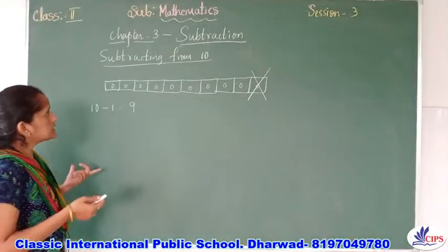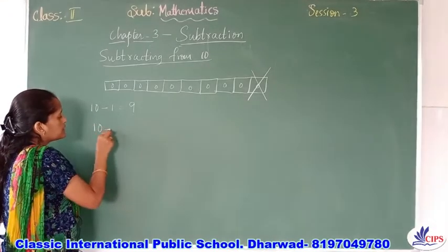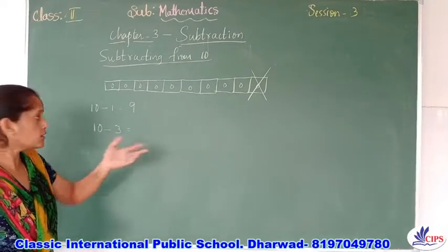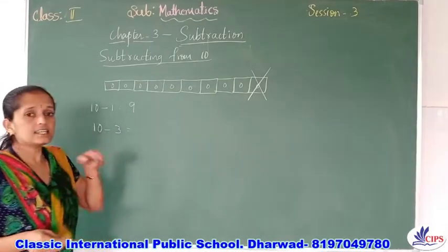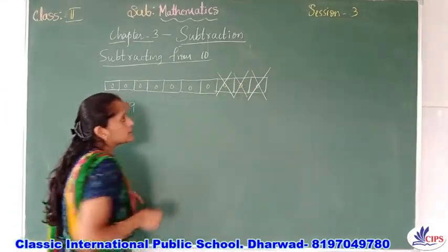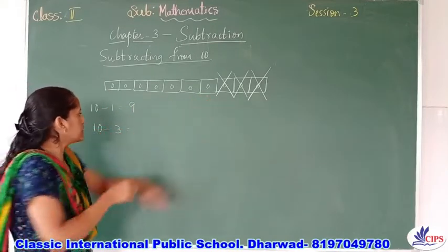Now the same thing, 10 minus 3. Again you have to draw 10 blocks and cross out 3 blocks. One is already crossed, the second one and the third one. How many are left here? 1, 2, 3, 4, 5, 6, 7.